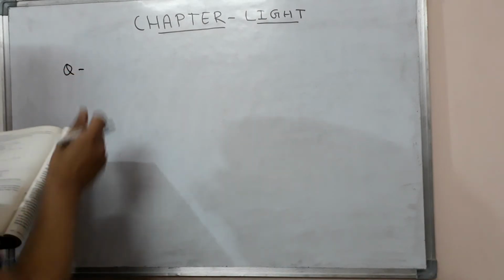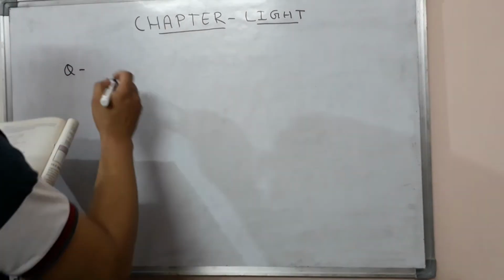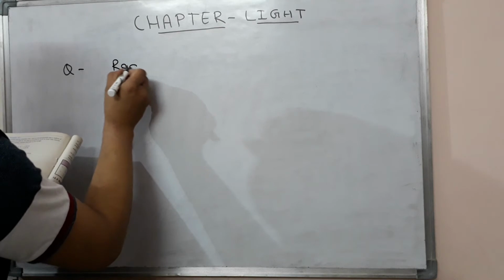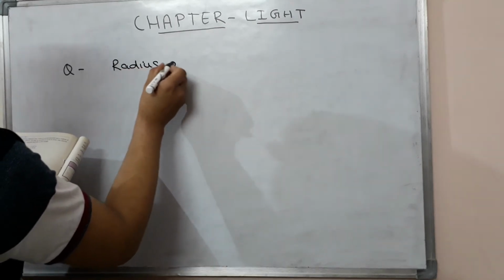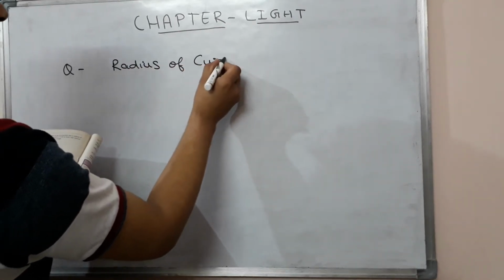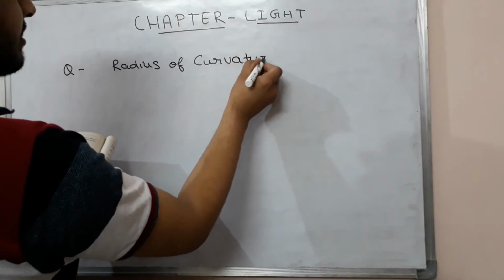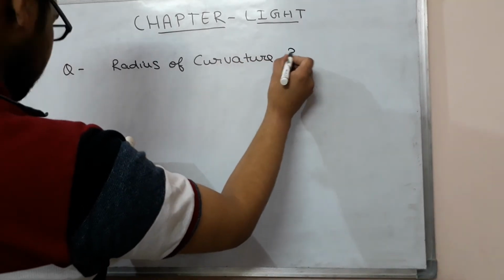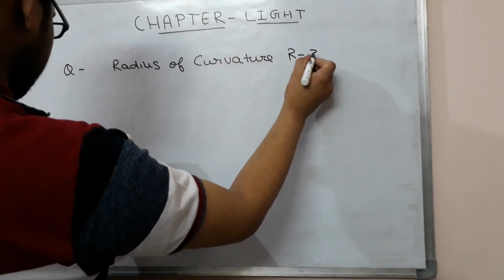Suppose in the convex mirror the radius of curvature is 3 meter.